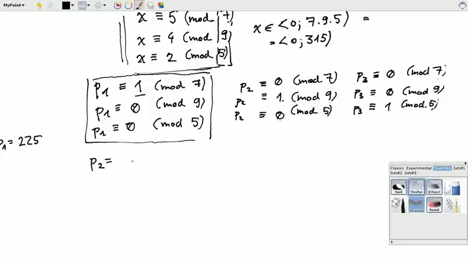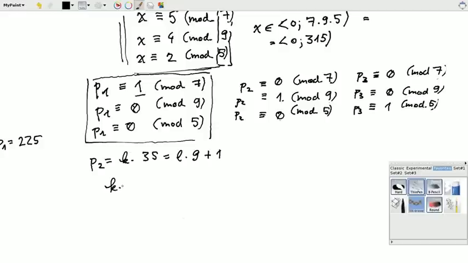So P2 is equal to some k times 35, that is 5 times 7, and it is also equal to L times 9 plus 1. L is some whole number, and that's just a rewriting of the second congruence.